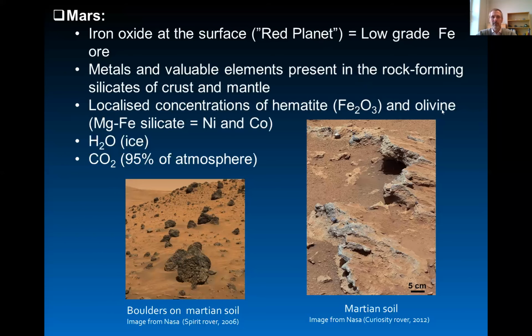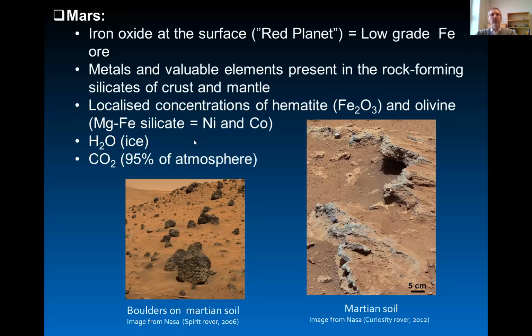We have olivine from basalts at the surface. Olivine is a magnesium iron silicate. So we expect these elements to be found in reasonable concentration. We expect also to find nickel and cobalt in olivine.